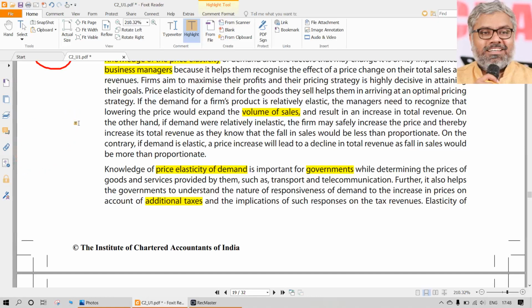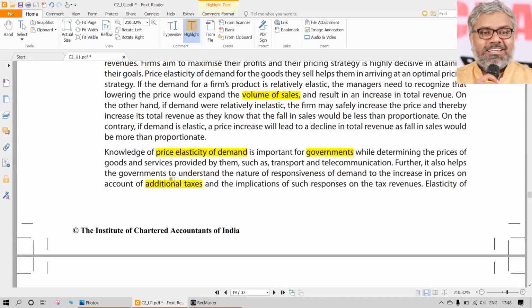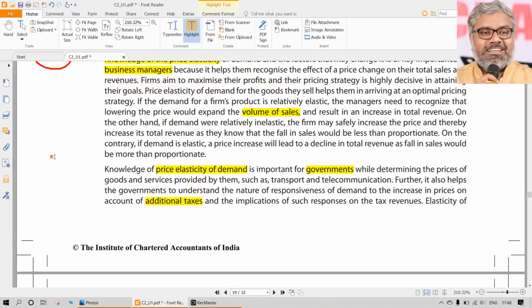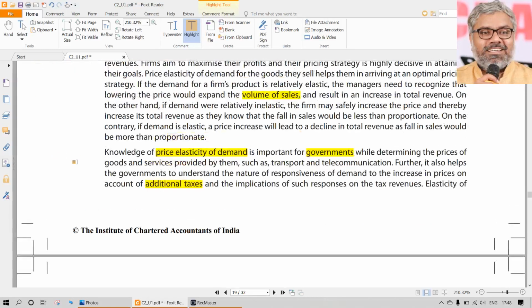That cushion is what the government uses in the form of additional taxes on the generally sin goods, bad goods they are called, like tobacco products, liquor. You can understand the additional amounts of taxes that state governments levy, particularly on alcoholic products also.